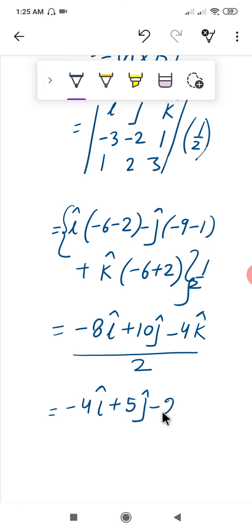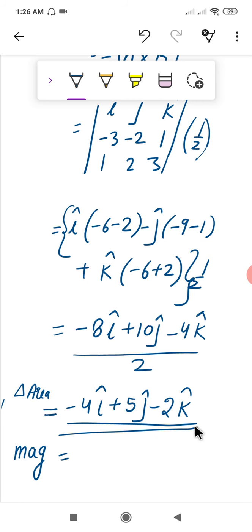Keep on writing with me. Calculate. So you are having the area of the triangle. This is the area of the triangle in vector form.